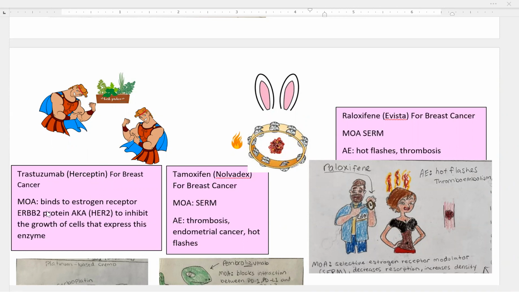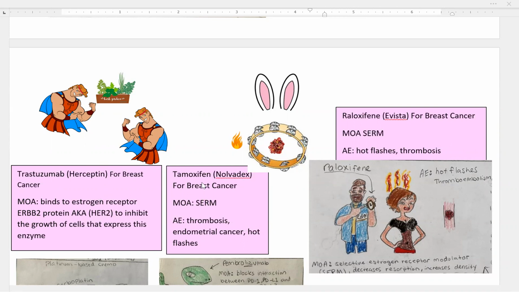First word is Herc. It binds to estrogen receptor ERB2 protein, aka HER2, to inhibit the growth of cells that express this enzyme. So this is 2 Hercules, so HER2, or he's growing an herb garden, ERB2.